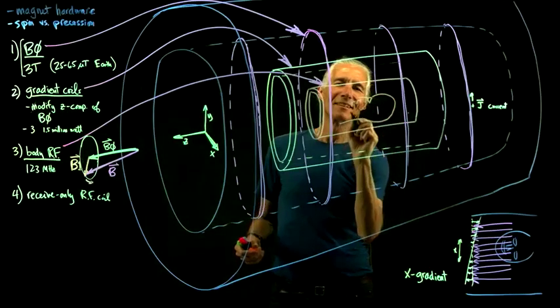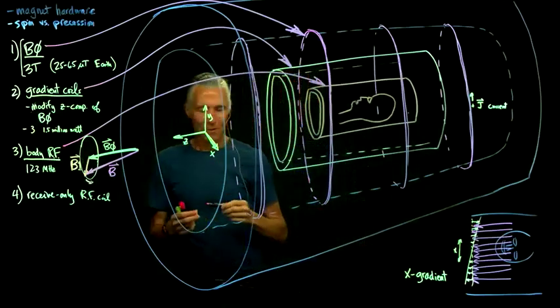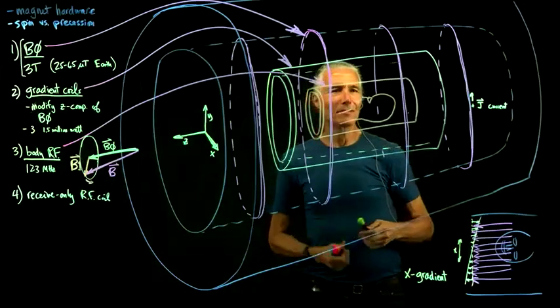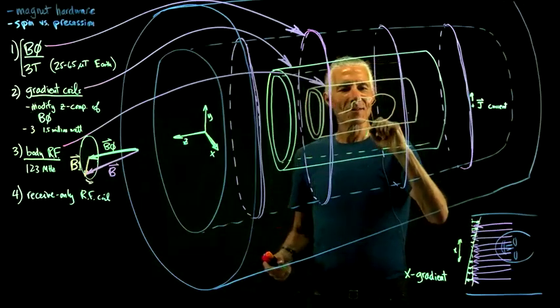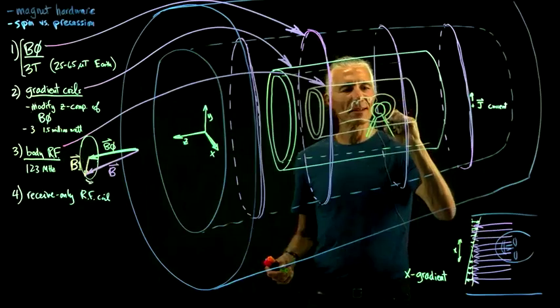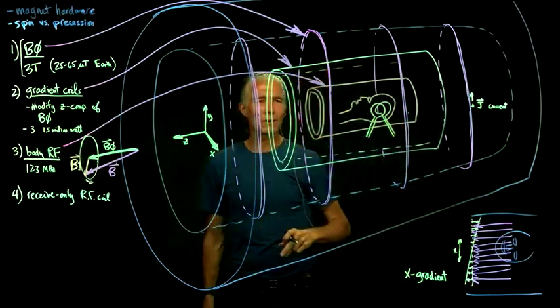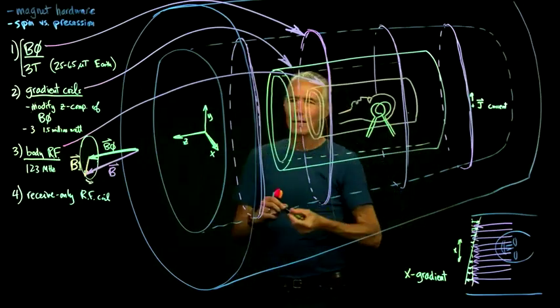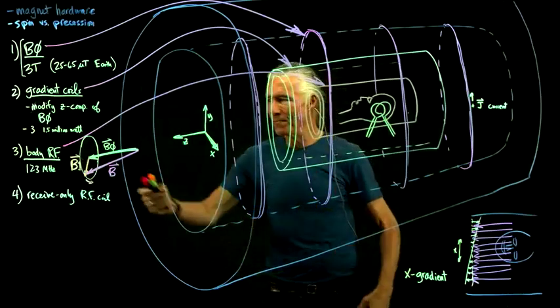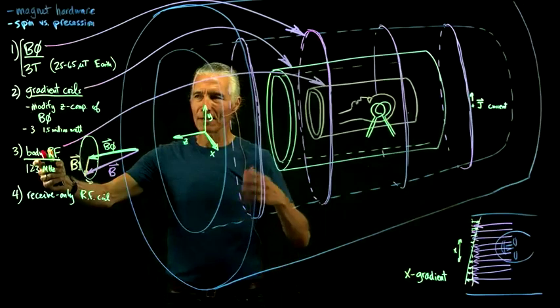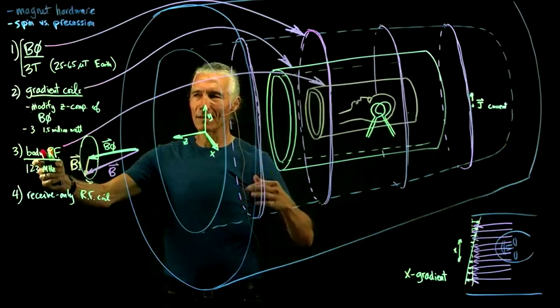Okay, we need yet another coil, and make that one green. Here's a coil that's sitting there, and there's another. There could be like 30 or 60 of these guys. Those are coils right next to the person's head, and they're designed to pick up the radio signal that comes out of the head after we've done the body RF to sweep all the protons into alignment with each other.